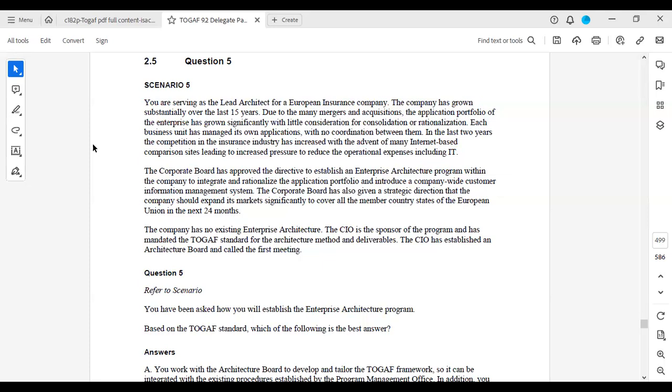You work with the architecture board to develop a tailored architecture framework so it can be integrated with existing procedures. You issue a request for architecture work.